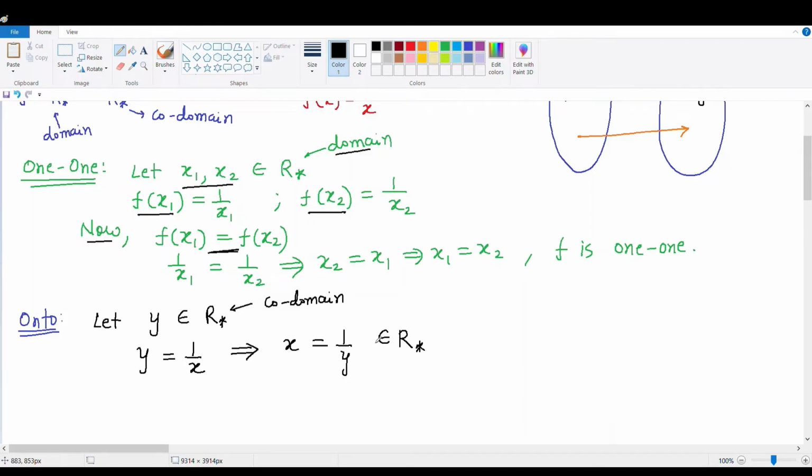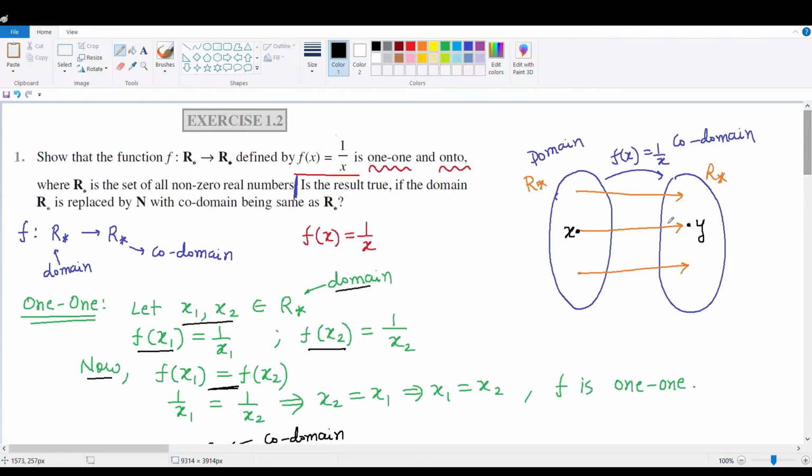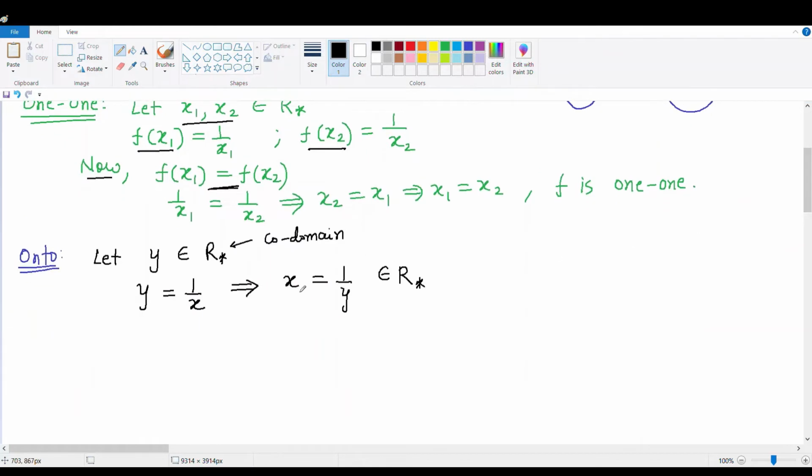So of course, this belongs to R star. So we can say that if you pick a y here, then you must have a pre-image in this domain, which is proved here. See, x equals 1 over y, and that is possible. You can find this value in that domain set. This is our domain. So 1 over y you can find in R star.